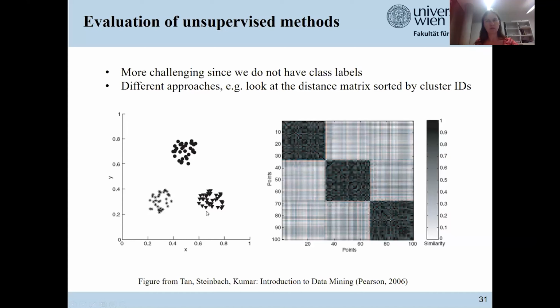If the algorithm works well, then we see a blockwise structure in this matrix, representing clusters that have a high intra-cluster similarity, and other areas where points in different clusters have a low similarity.